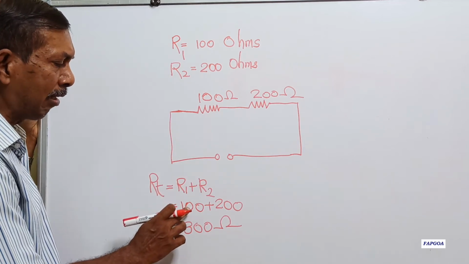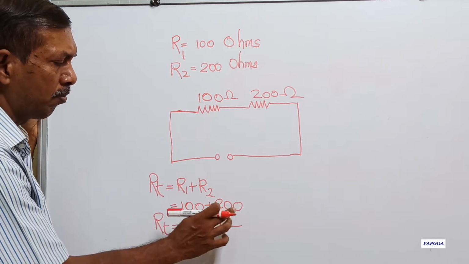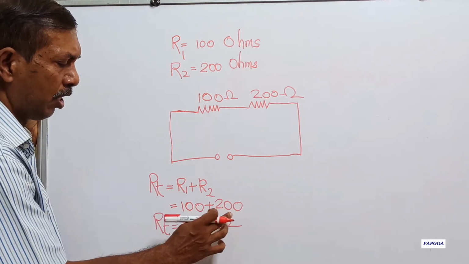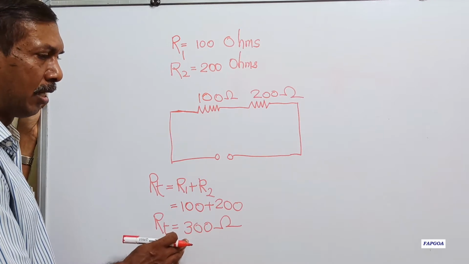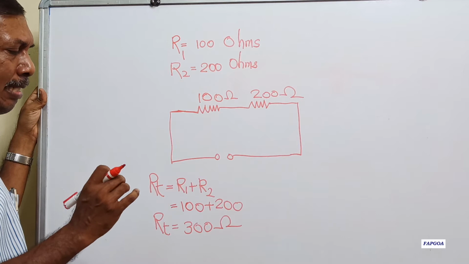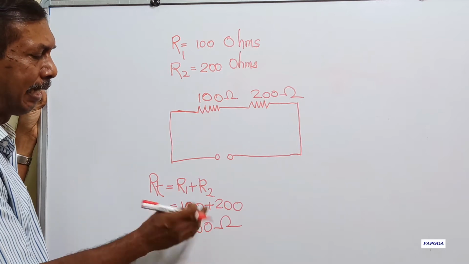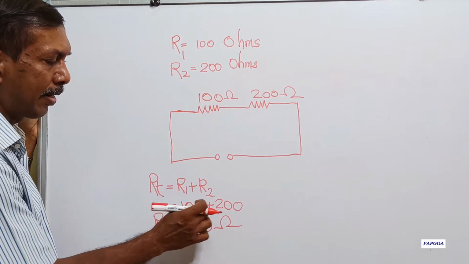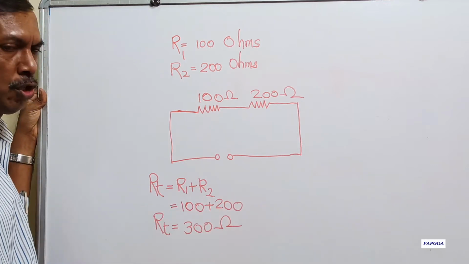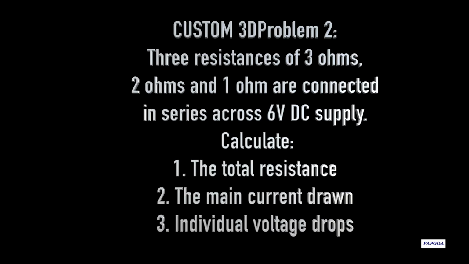Now individual resistances are 100 ohms and 200 ohms. So since the total resistance is 300 ohms, the total resistance in a series circuit always increases. So 300 is greater than 100 and 200 individual ohms.